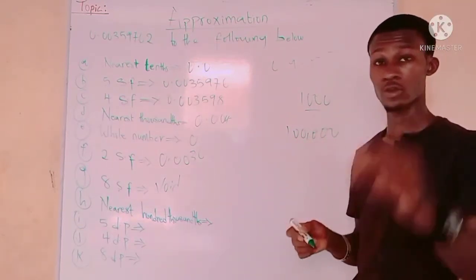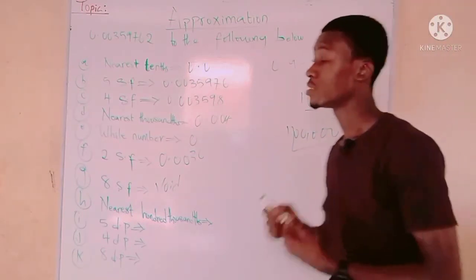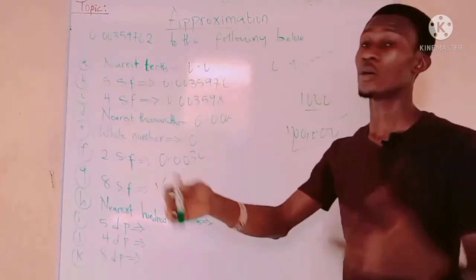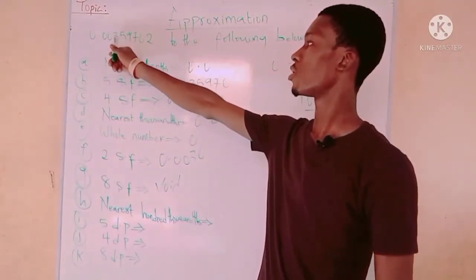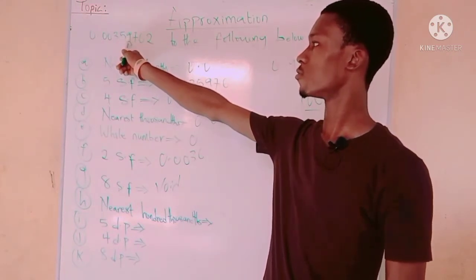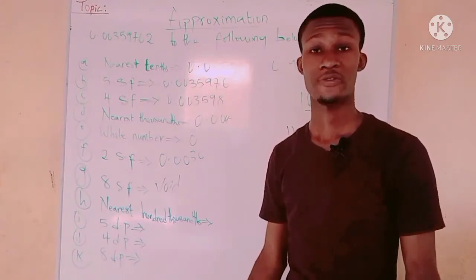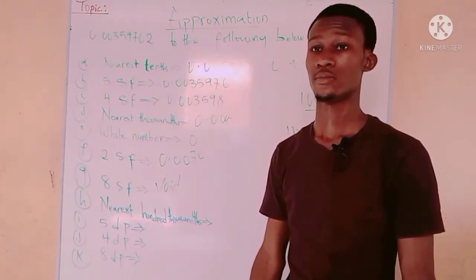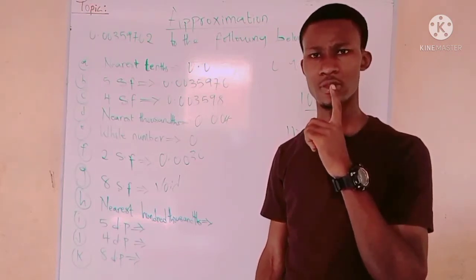So what's our concentration? 5 zeros, meaning 5 digits after the decimal point. So we're going to count 1, 2, 3, 4, 5. Stopping here. So, are we supposed to write 0.0359? I don't think so. I think it's 0.05.